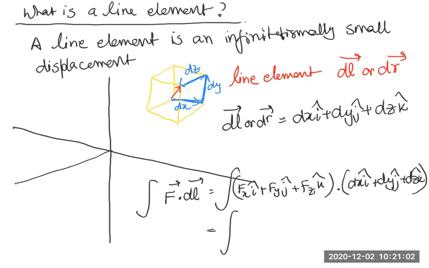What is the answer to this dot product? If this dot product is carried out, what do I get? Yes, yes. I cap नहीं आएगा पार्थ उसमें, dot product में गायब हो जाएगा. I नहीं आएगा सत्यम. fx dx plus fy dy plus fz dz.